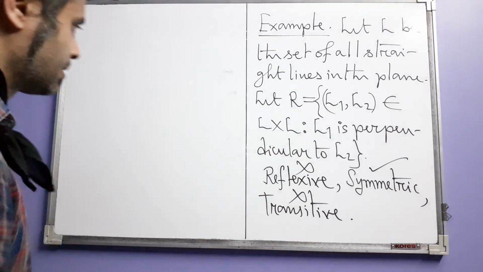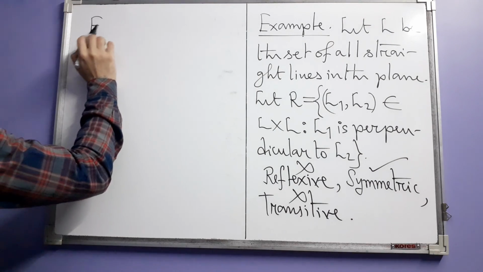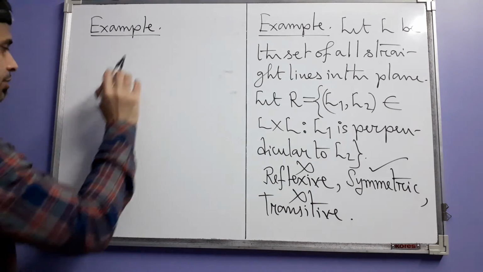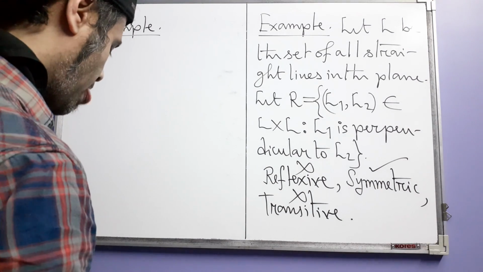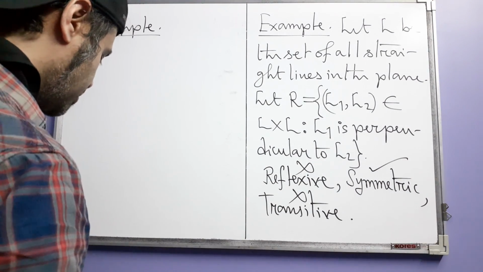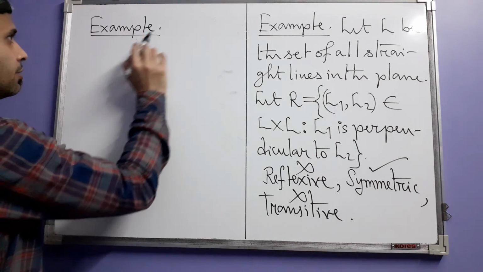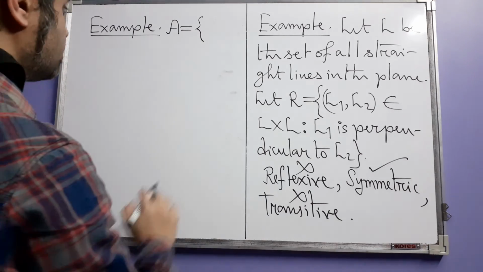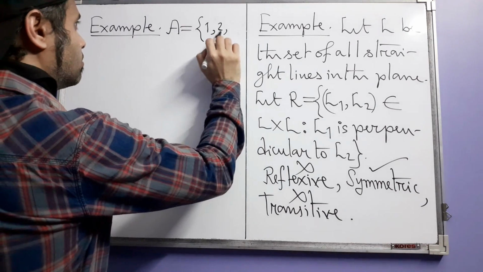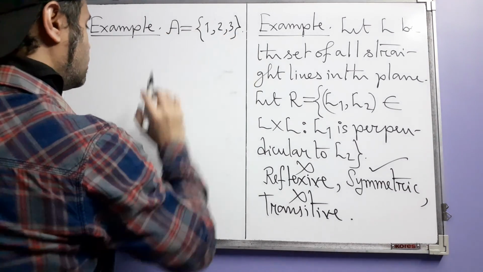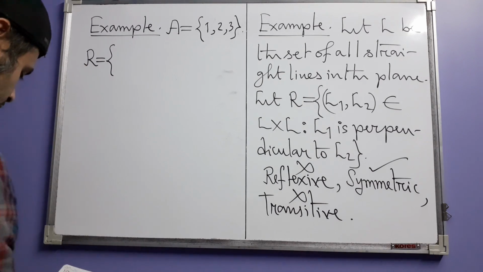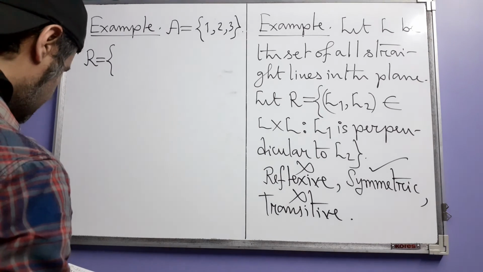Let us see this other example also, which is not about geometry but again about numbers. So the set on which it's a relation is this set, and the relation ordered pairs are there.